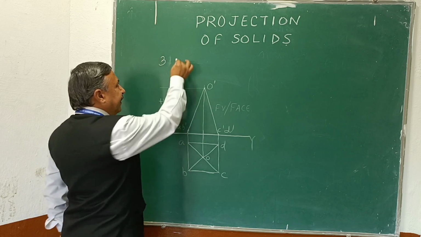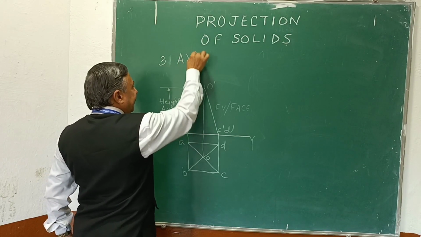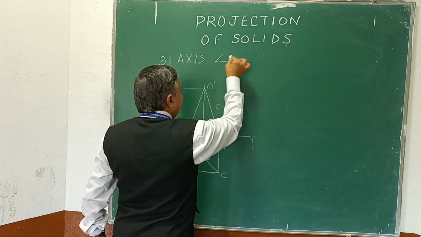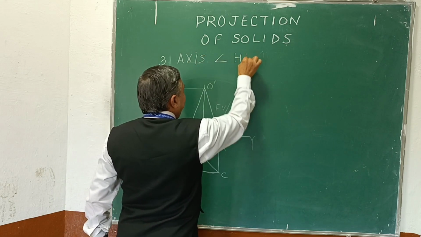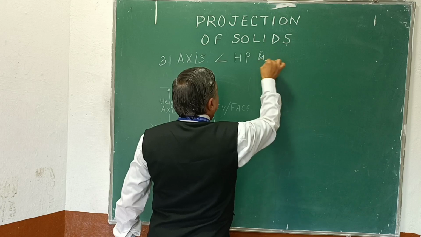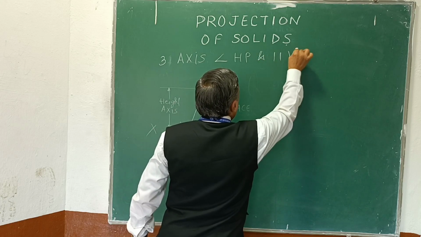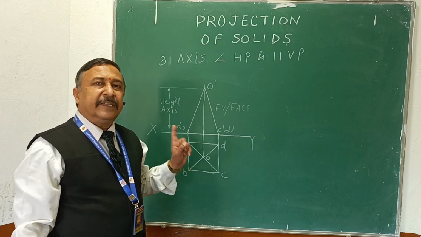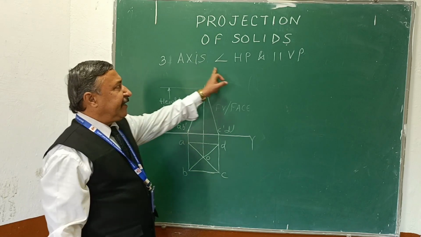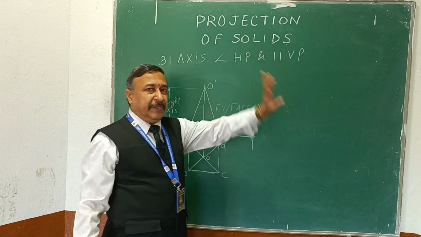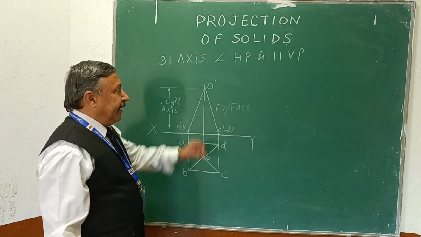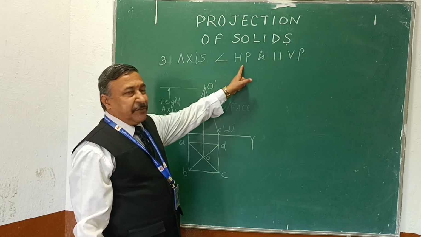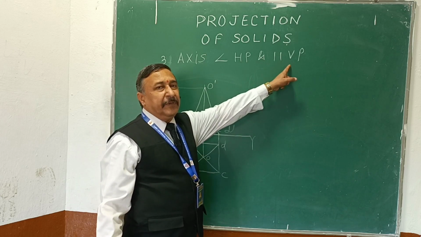Axis inclined to HP and parallel to VP. Now see here. Axis inclined to HP and parallel to VP.